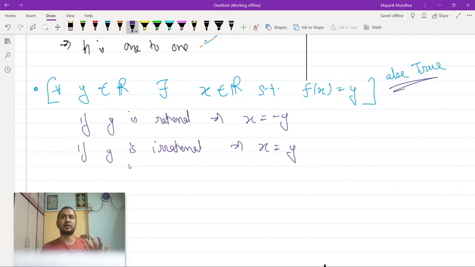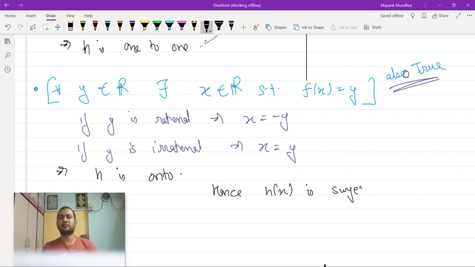That's why this thing is also true, which implies that h is onto. So h is both one to one and onto. Hence my function h(x) is surjective.